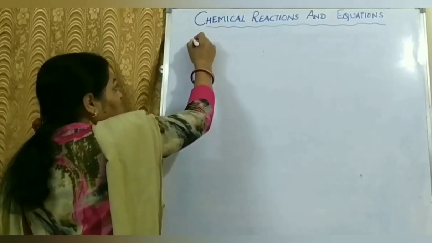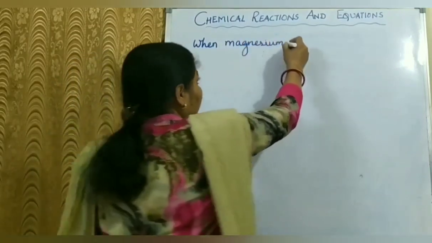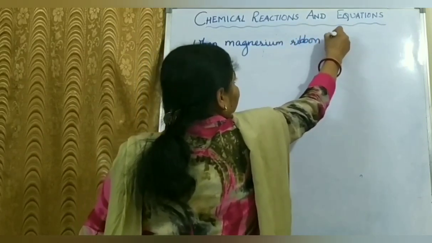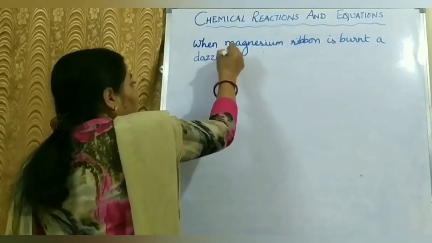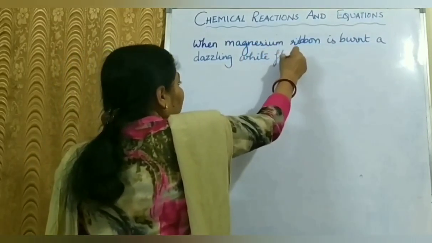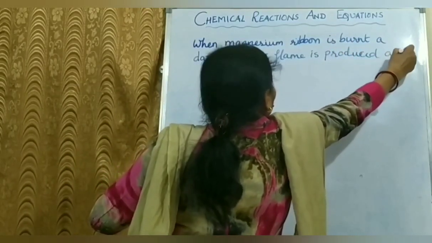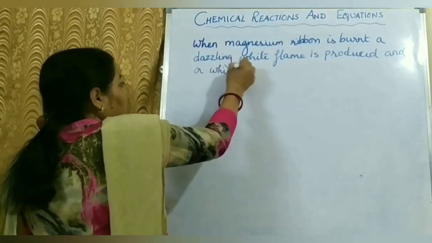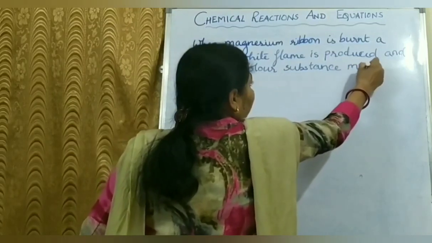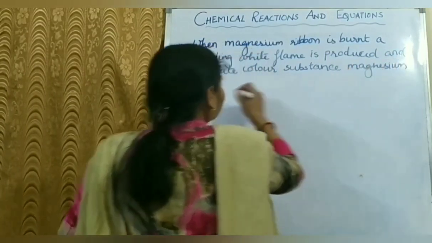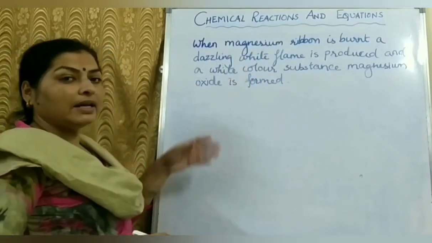So what it goes like, when magnesium ribbon is burnt, a dazzling white flame is produced and a white color substance, magnesium oxide, is formed. Okay, so this is a reaction which we saw just now.